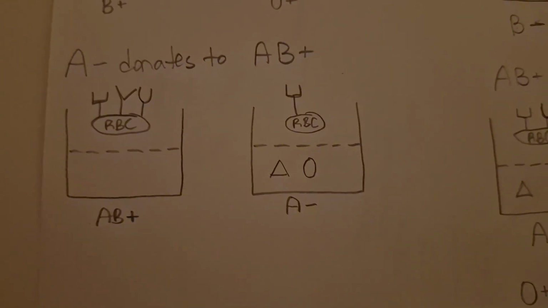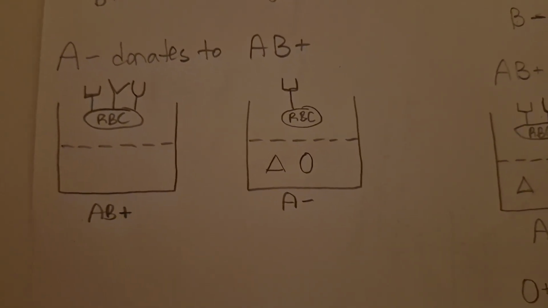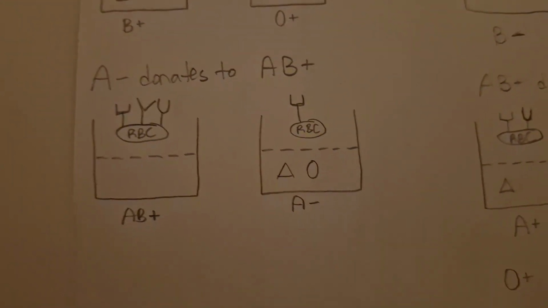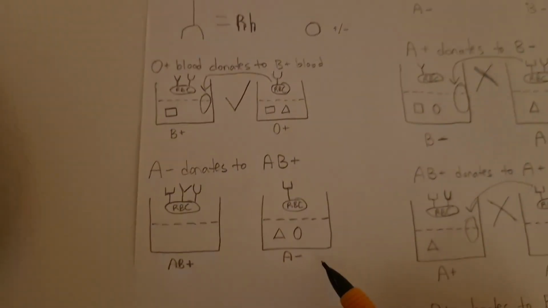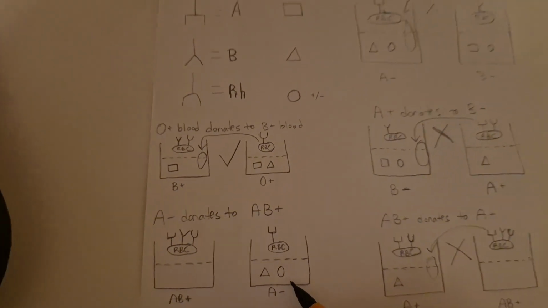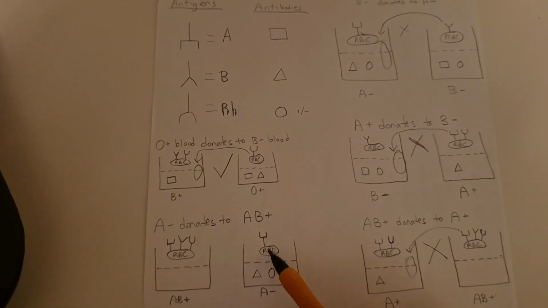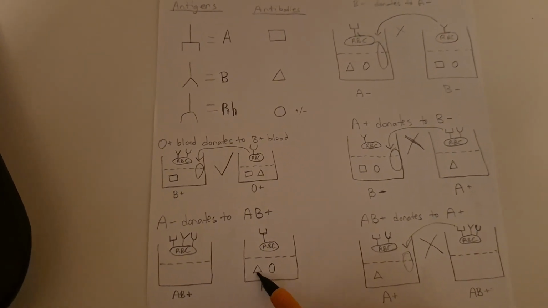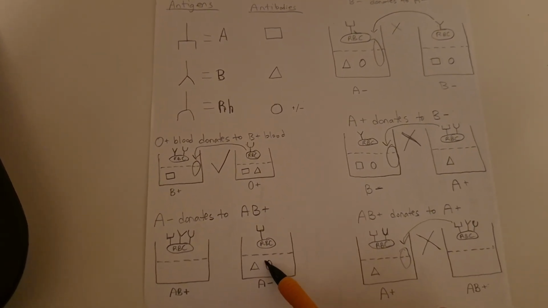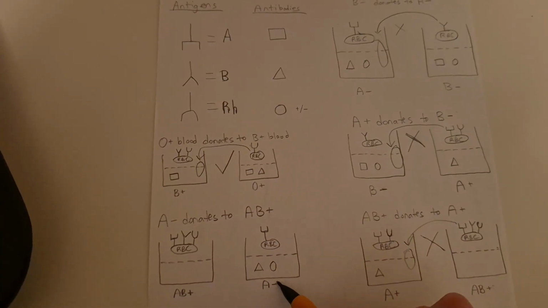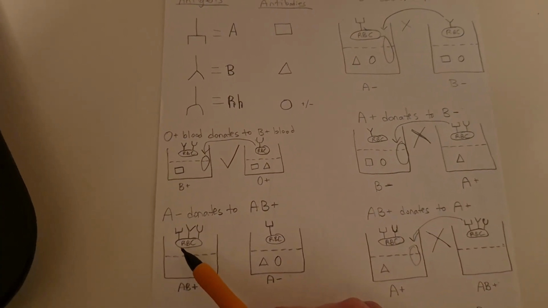If we had A minus blood donating to AB plus blood, this is what it would look like. First, you have your A minus blood, so you have your A antigen on it, and then you have the B antibody, and you have the Rh antibody because it's negative. And then the AB plus blood.